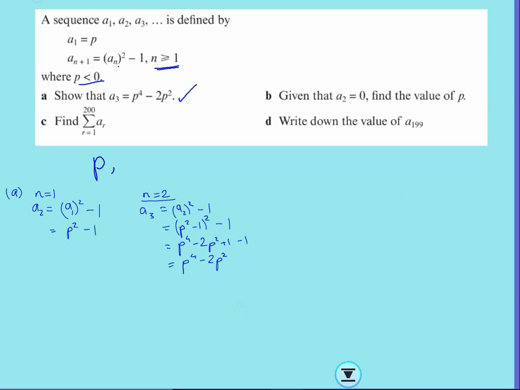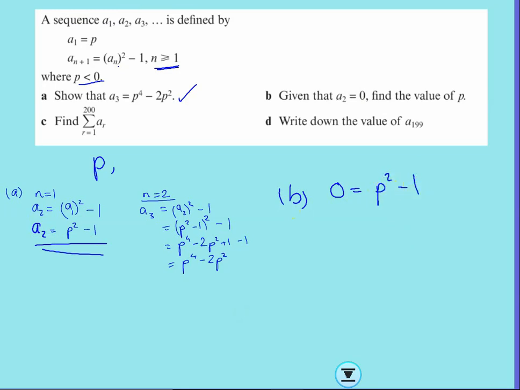Right, part B. Given that the second term is 0, okay, great. So here we have an expression for the second term, so therefore 0 must be equal to p squared minus 1.